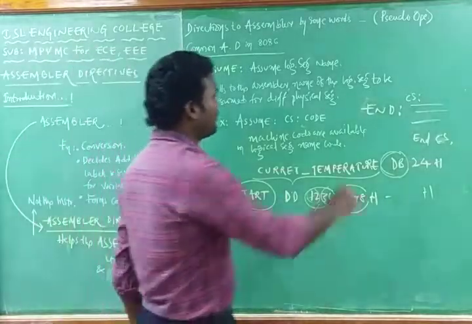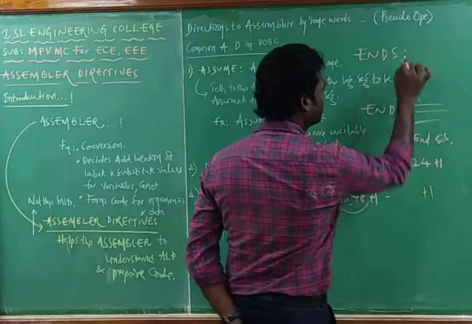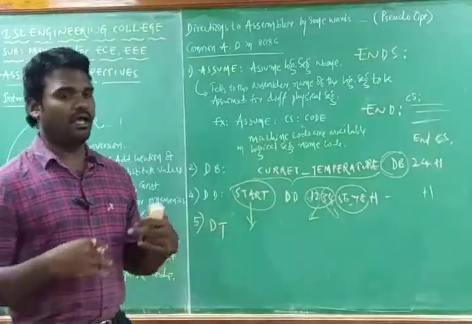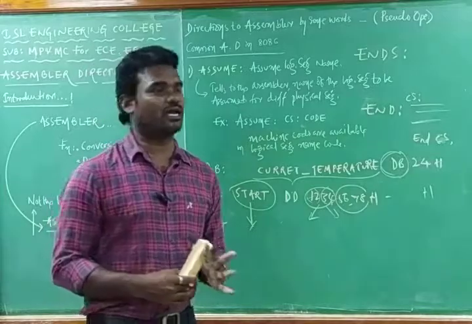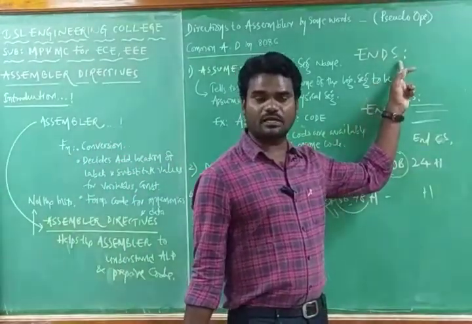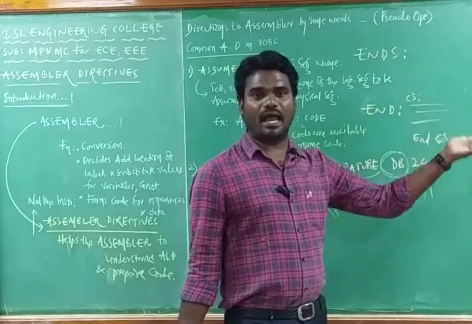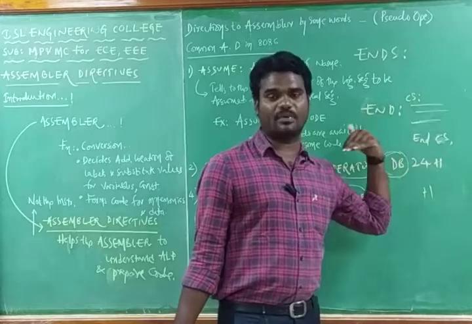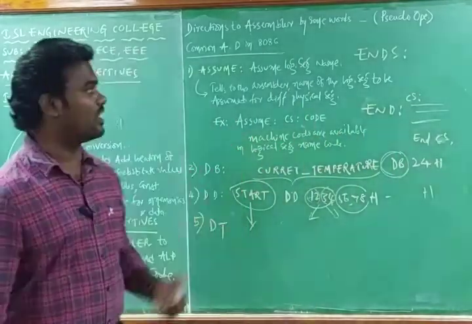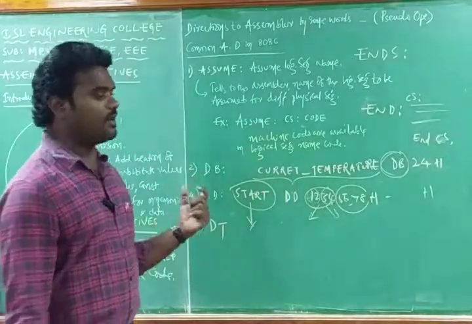In this class we are going to close this discussion with another assembler directive, that is called end segment. That means the microprocessor has been executing some instructions and accessing one particular physical segment, that is a data segment, extra segment or code segment. After using any one segment, it has to terminate the operations from that segment, so it has to use the assembler directive called end segment, that is ENDS.